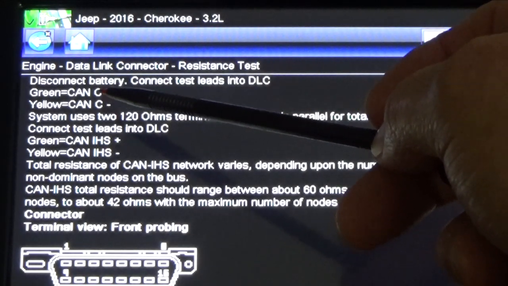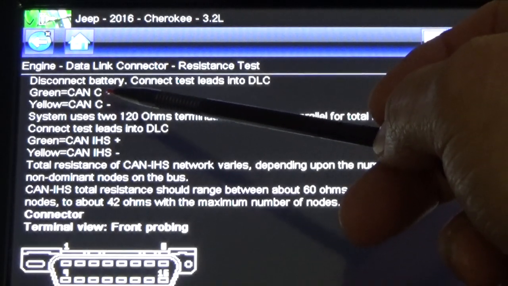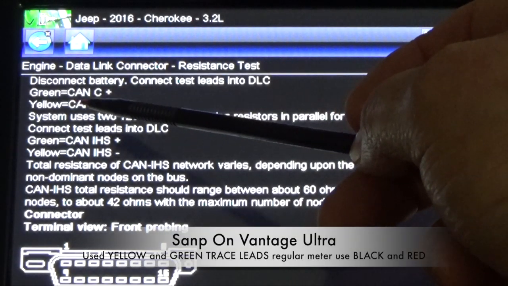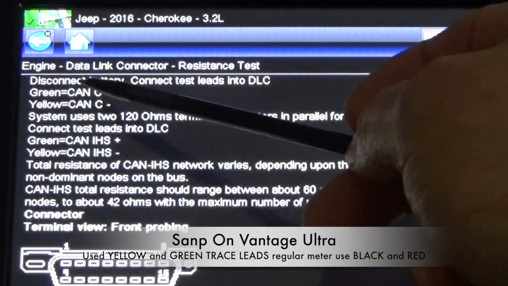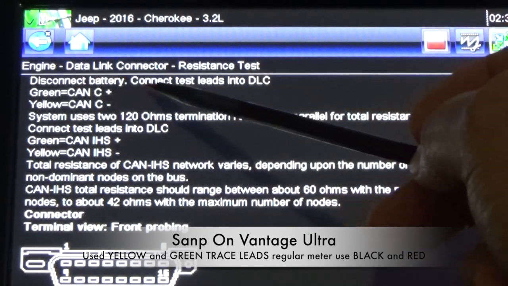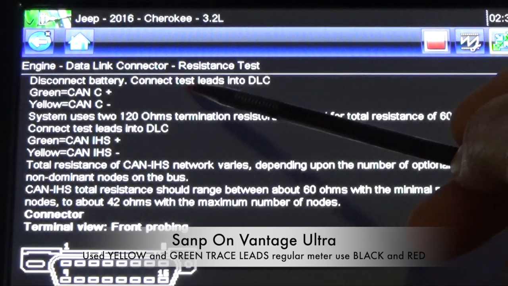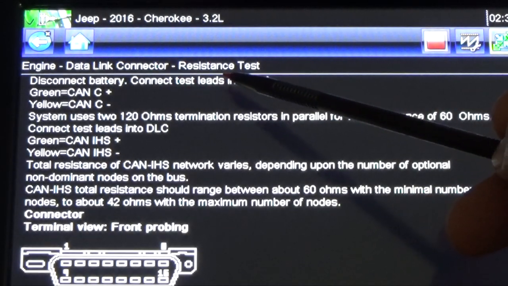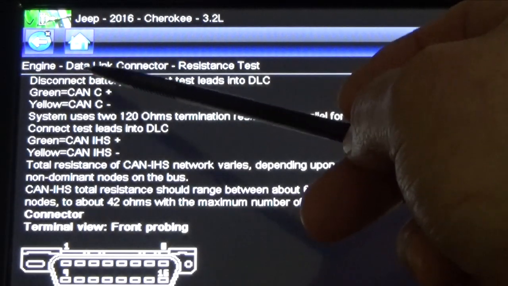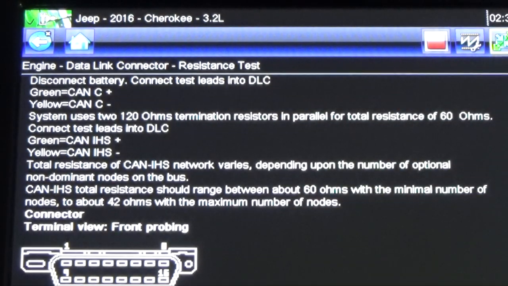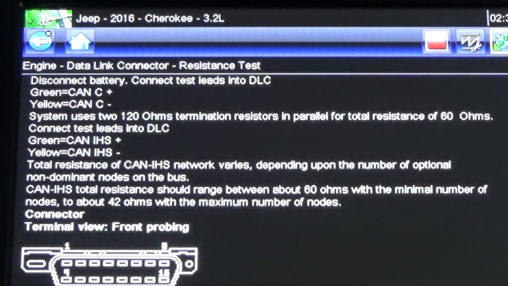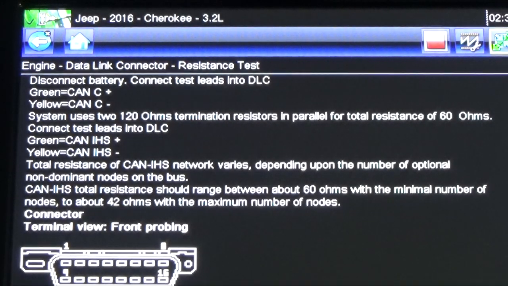The leads go in the green CAN positive and the yellow CAN negative, and they also want you to disconnect the battery. The first thing they want you to do is disconnect the battery to measure the resistance. Now it tells you how to do it.